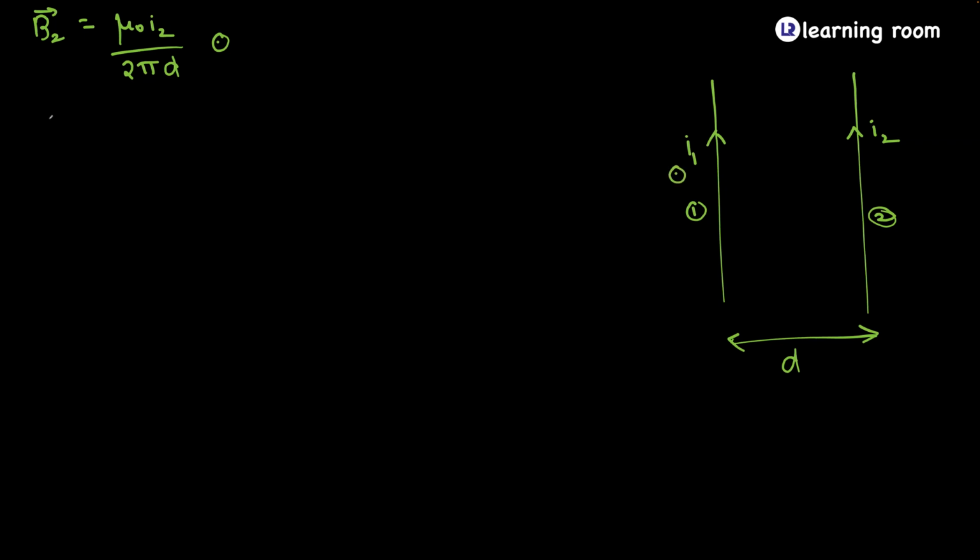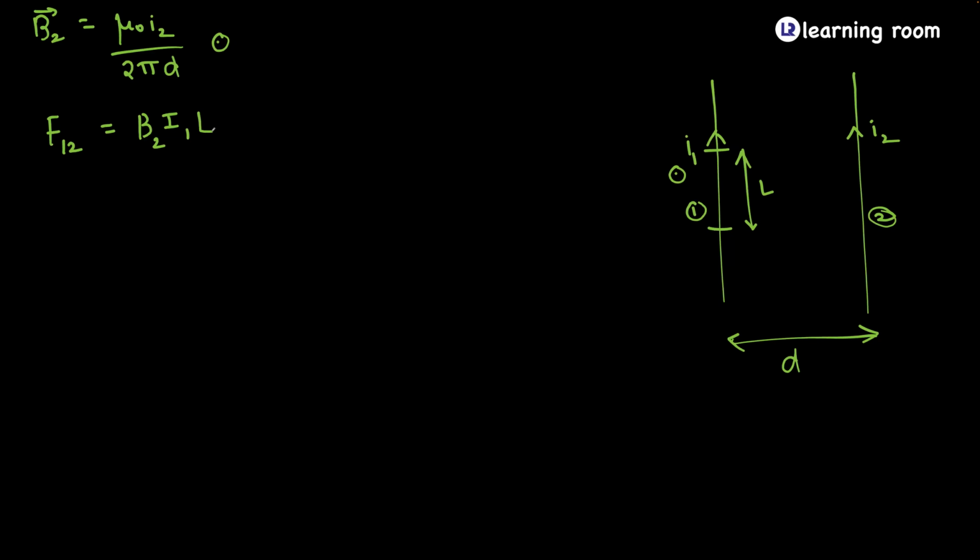Now the question is, what is the force experienced by the first conductor due to the magnetic field produced by the second? It is BIL. B, the magnetic field, is due to the second conductor. Current is due to the first conductor. Then what should I consider? I will take a small portion of the same length L that I considered on the other side, capital L. Now what is the angle between them?